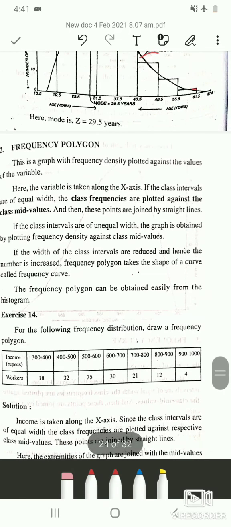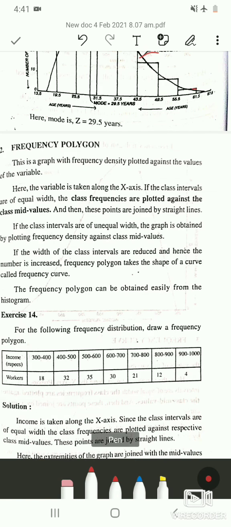The next type of graph is the frequency polygon. So this is a graph with frequency density plotted against the values of the variable. Here the variable is taken along the x-axis. If the class intervals are of equal width, the class frequencies are plotted against the mid values. Then these points are joined by straight lines.